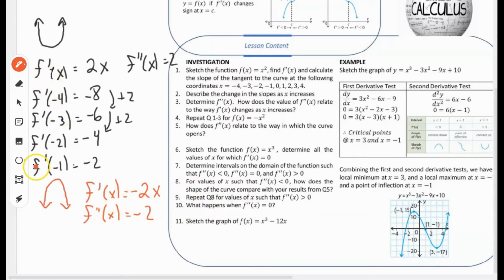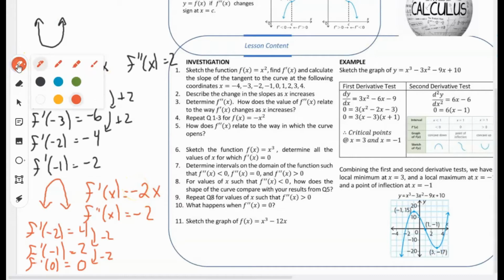So if we tried to look at the same pattern here, and we did f prime at, let's say, -2, that's going to be 4. Okay, well, what about f prime at -1? Well, that's going to be 2. And f prime at 0? Well, that's going to be 0. So now we seem to be going down by 2, which is exactly what our second derivative tells us.